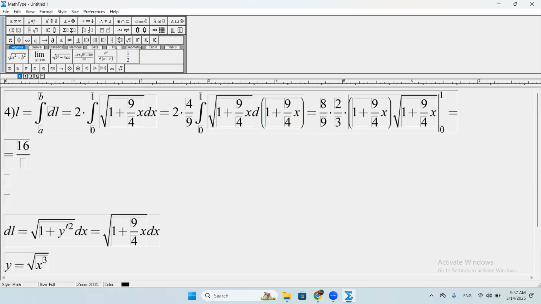So 16 over 27 and the following expressions.